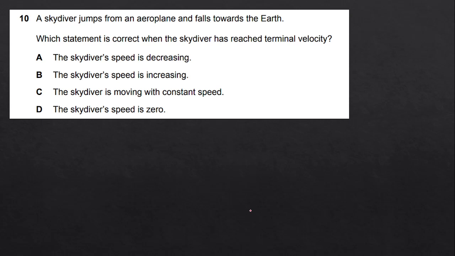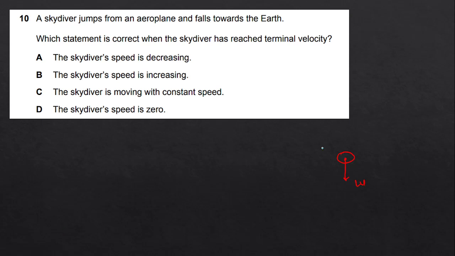Question 10. A skydiver jumps from an aeroplane and falls towards Earth. Which statement is correct when the skydiver has reached terminal velocity? When the skydiver reaches terminal velocity, the weight of the skydiver will be equal to the air resistance.